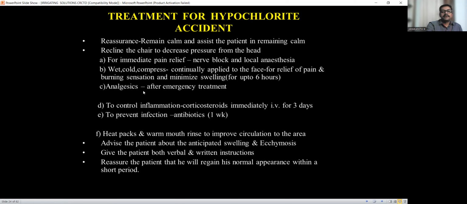So as emergency treatment, first of all, you give the nerve block and local anesthesia to relieve the patient of the pain. Then wet cold compression, then aspiration of any remaining sodium hypochlorite that is pushed inside the root canal system or at the periapical area.